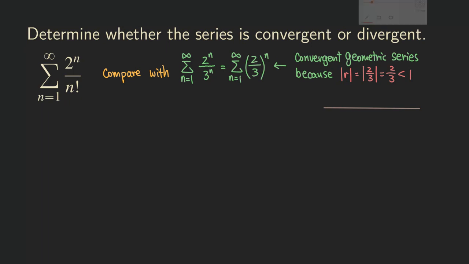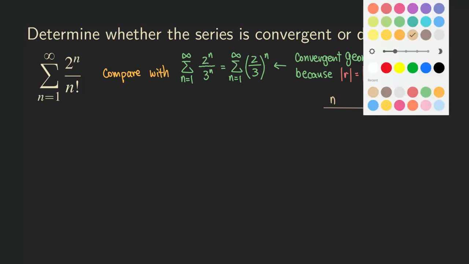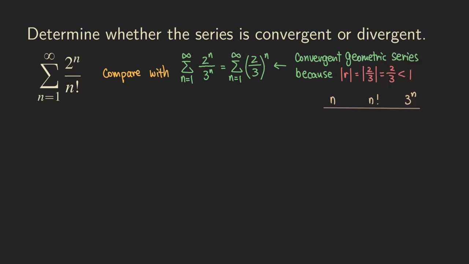Okay, so I put the n here. Maybe I should use a brighter color. So I put an n here, and then we are going to put the n factorial here, and then I'm going to put the 3 to the n here. Okay, so right now I'm going to put in some n values.